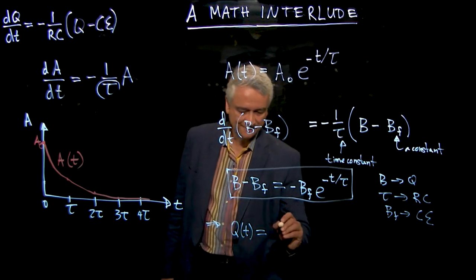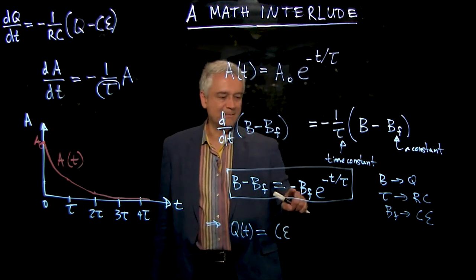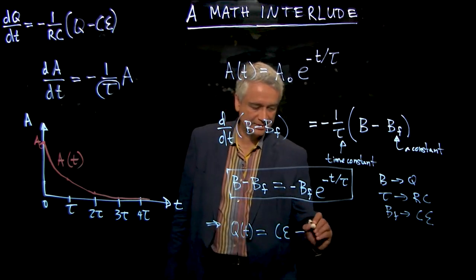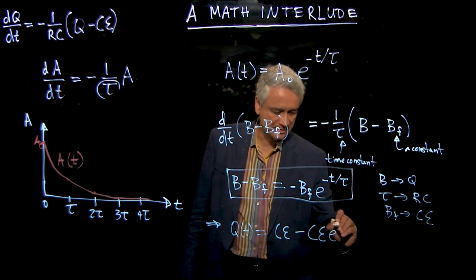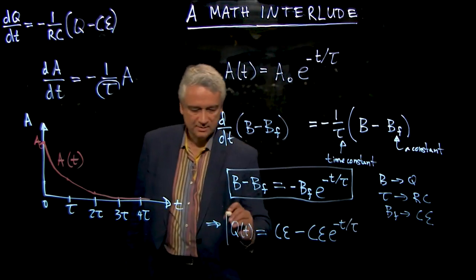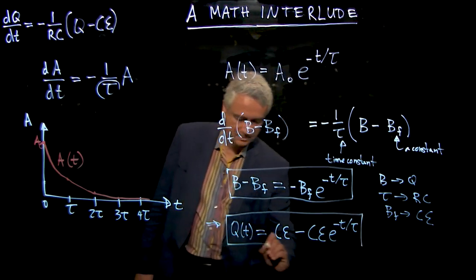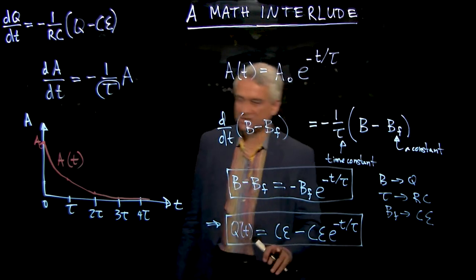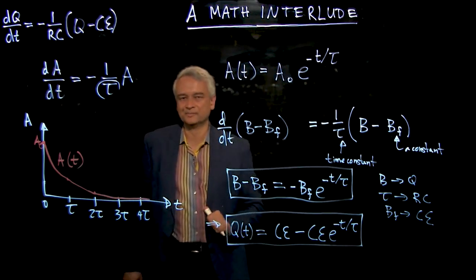Bf is C epsilon. And then I get minus Bf, that's minus C epsilon e to the minus t over tau. And this is the solution to my physics differential equation, which I obtain after this math interlude.